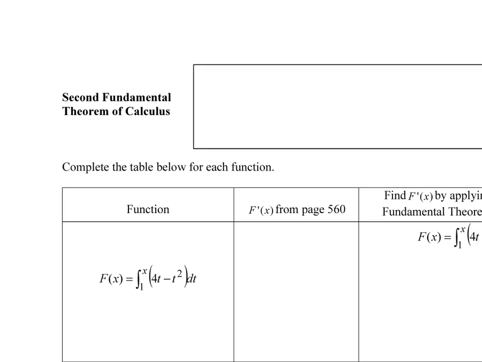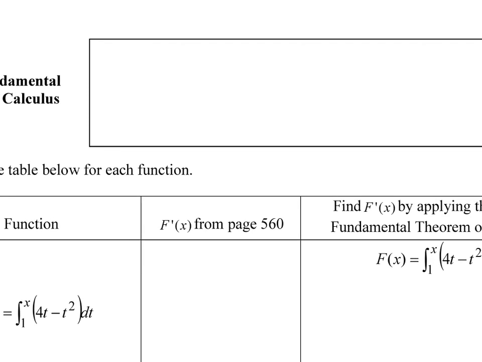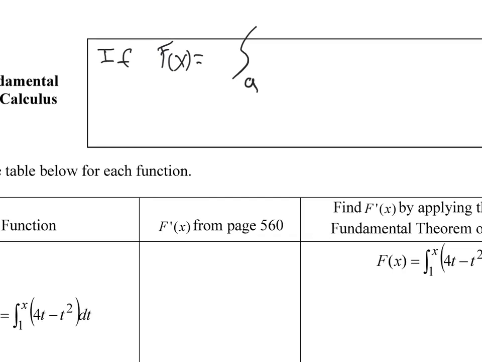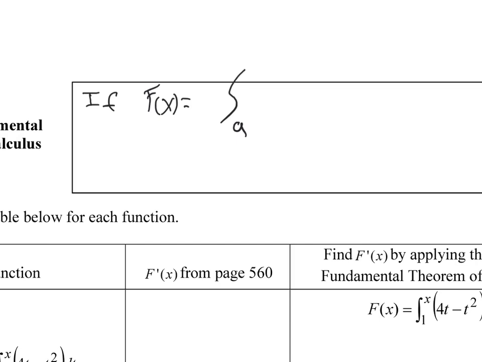So the shortcut that I already taught you, here's how we're going to write it. Got to collect my thoughts here. I think I can say something. If big F of x equals the integral from some constant, and it doesn't matter what constant, to some function of x, could be an x, could be an x squared, could be a 3x squared minus 5x plus 1, could be anything, of some function of, well, we were dealing with another variable, t dt.